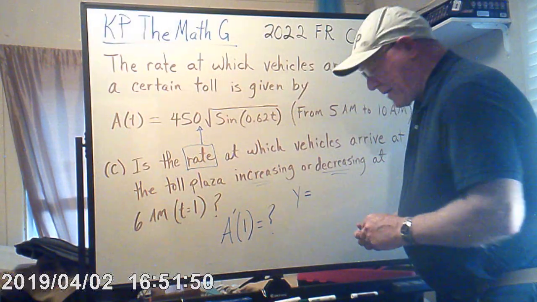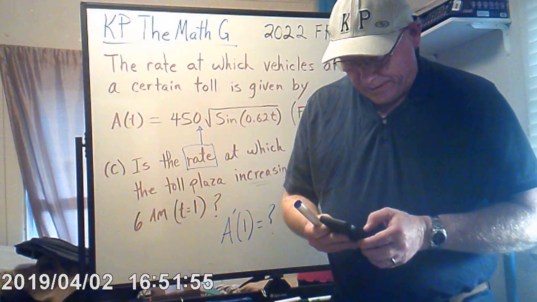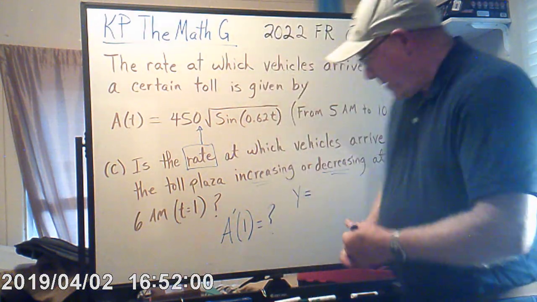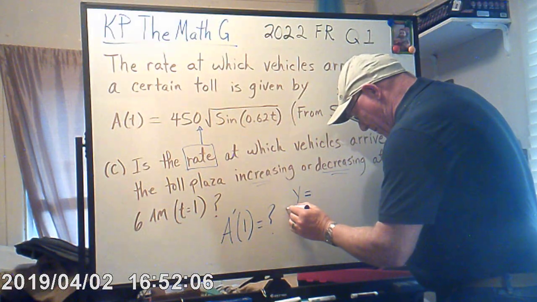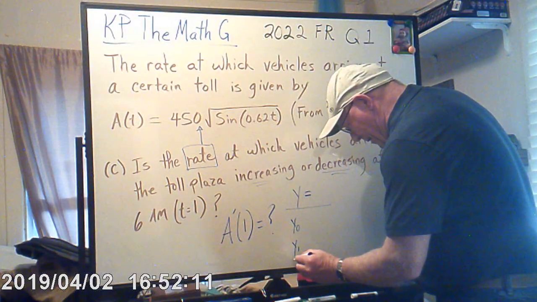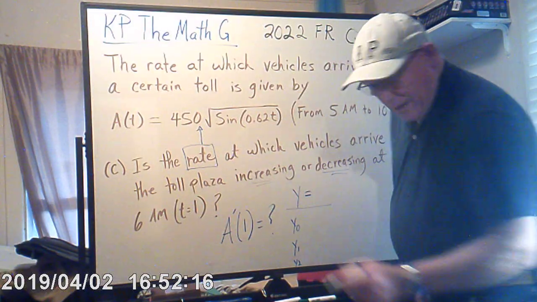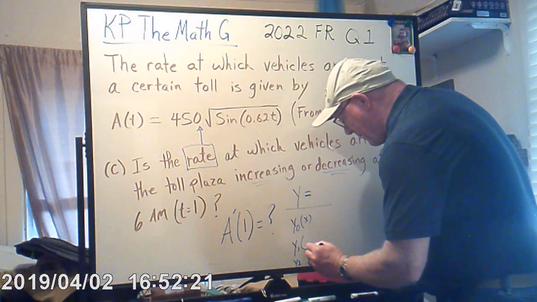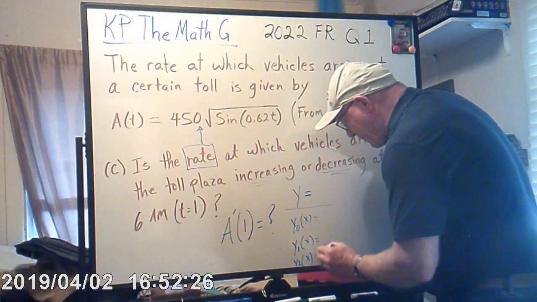When you press Y equals, some calculators, mine in particular, will show a row of y0, y1, y2, and so on, and it may say of x, of x, of x, like that, and equals.